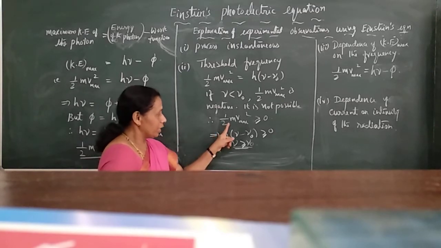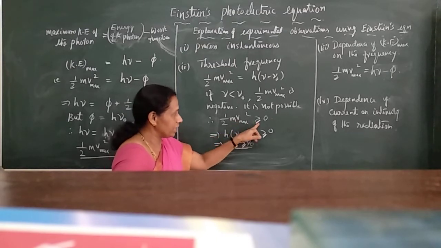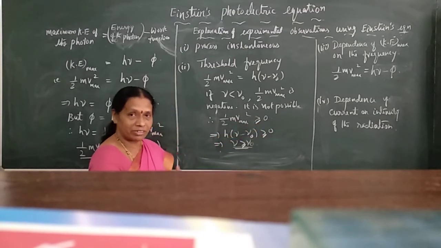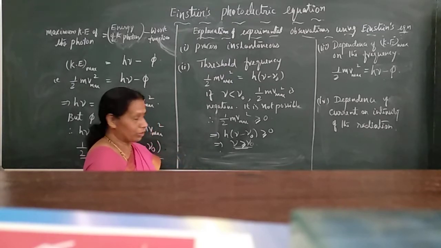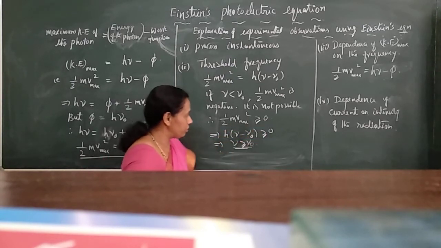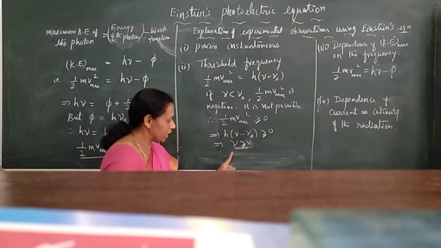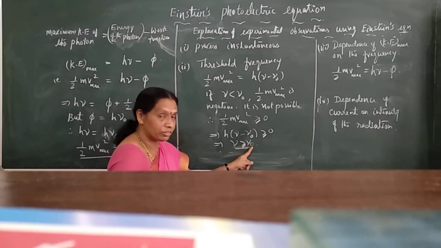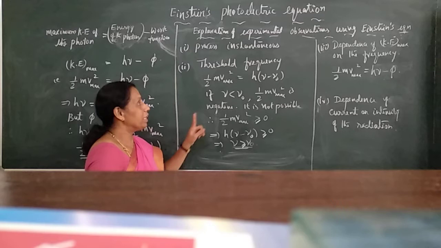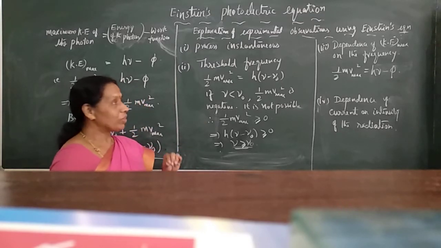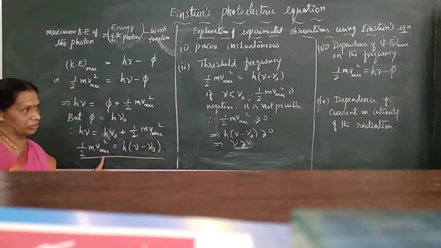Therefore the maximum kinetic energy is greater than or equal to 0. If the frequency is exactly equal to the threshold frequency, the kinetic energy may be 0. So h into nu minus nu naught is greater than or equal to 0, and from this we get nu should be greater than or equal to nu naught. Then only there will be photoemission. This is how the threshold frequency is explained using Einstein's equation.